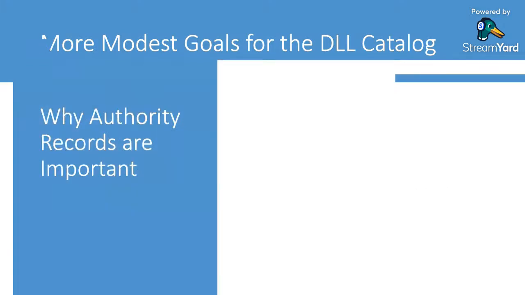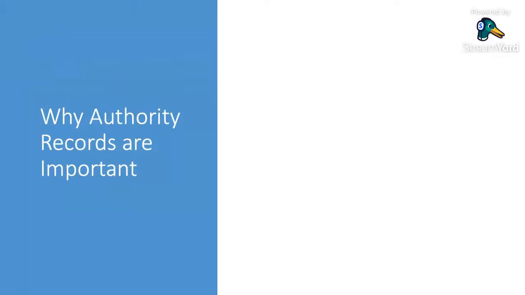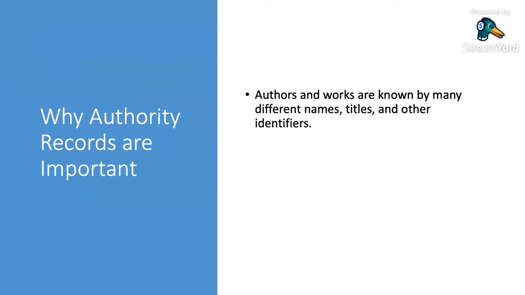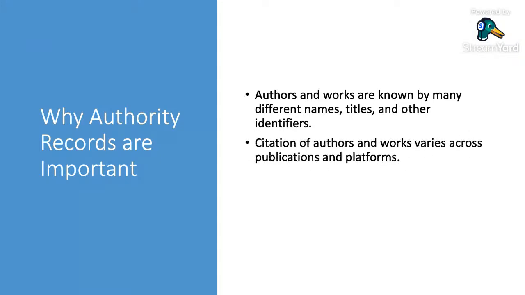The reason why we focused on authority records is that, as you've seen in previous discussions of named entity recognition and the citation problem with cited loci, authors and works are known by many different names, titles, and other identifiers. And citation of authors and works varies across publications and platforms.